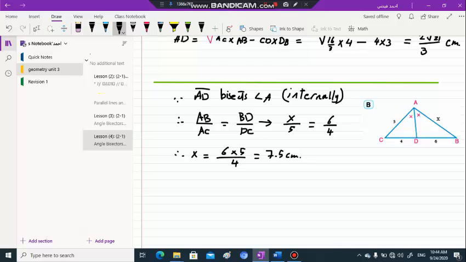So we want to find the length of AD. AD bisects angle A internally, so AD equals square root. I will start with side times side. So I will start with AB times AC, which is 7.5 times 5, minus base times base, which is 6 times 4.